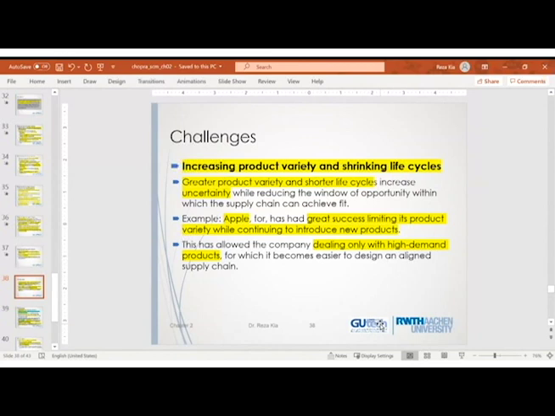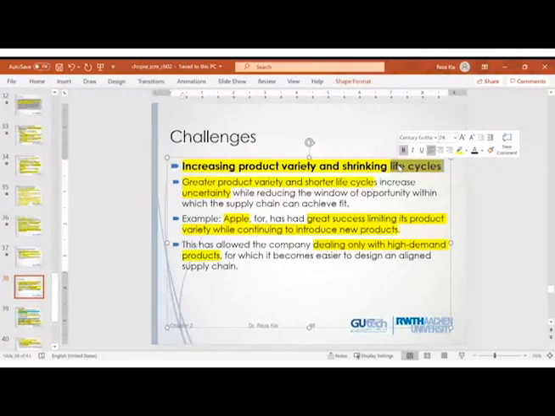So what would be the challenges to get a strategic fit? One of the challenges that many companies are facing is a variety of products and also a shrinking life cycle. What is the life cycle? Just a simple definition. When you are introducing a new product, there are some stages.